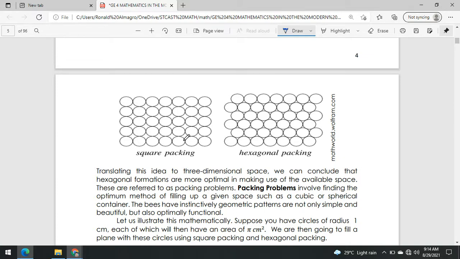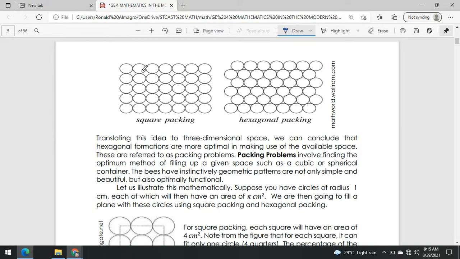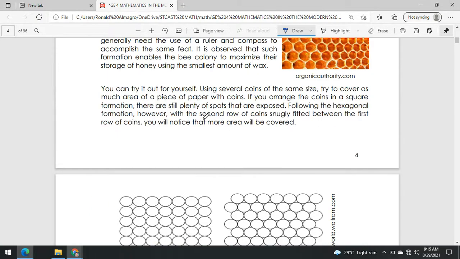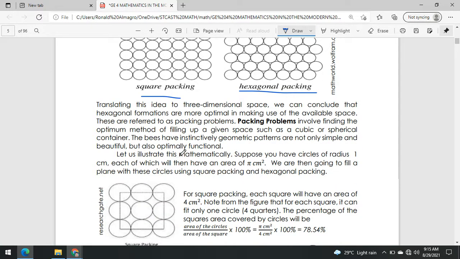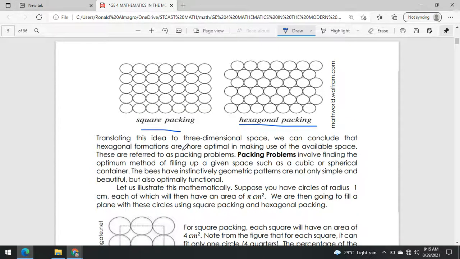Okay, so I'm back, students. As you can see, we have the alignment of coins arranged in a vertical line, di ba? Nakapasunod siya. Then, by square packing, then we have the hexagonal packing. Translating this idea to three-dimensional space, we can conclude that hexagonal forms are more optimal in making use of the available space.